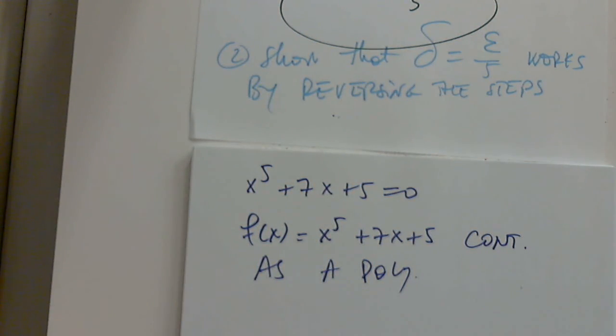So in y equals, plug it in. We have x to the 5th, and then plus 7x plus 5. Okay, I see here that I can cheat. It's okay.